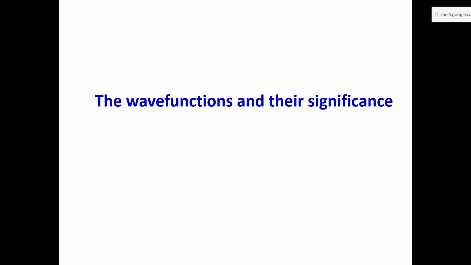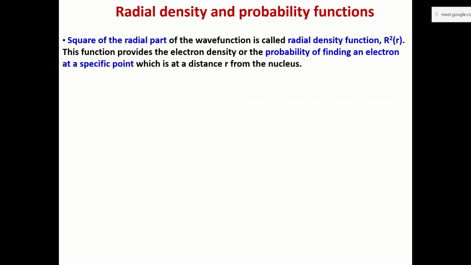the features are. So what is the significance of all this? Why are we studying this? When you square the radial part, that gives you the radial density function, or electron density.